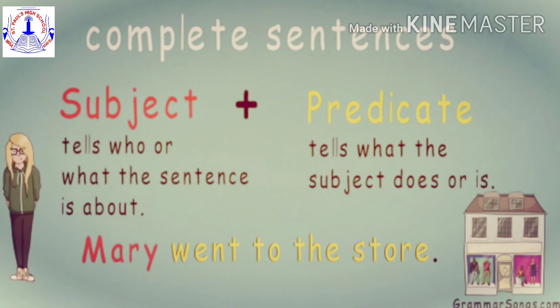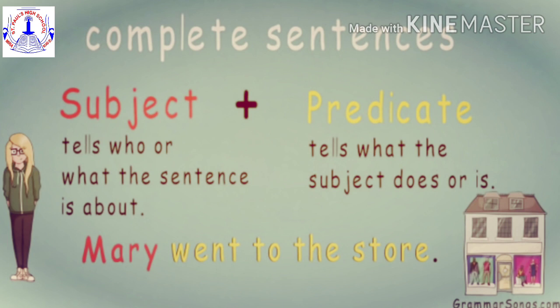Now let's move ahead. Complete sentences are made up of two parts, the subject and the predicate. The subject tells who or what the sentence is about. The predicate tells what the subject does or is.